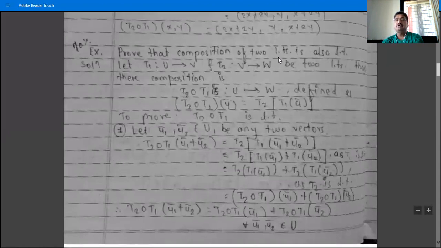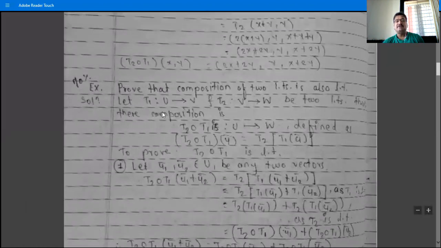Prove that the composition of linear transformations is also a linear transformation. That is, the composition of two linear transformations is again a linear transformation.